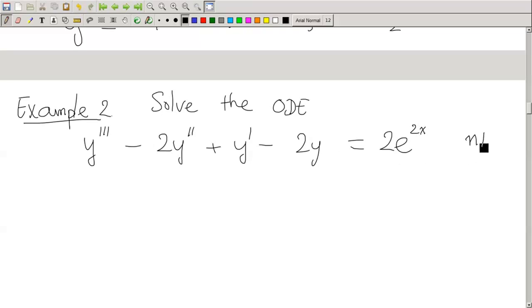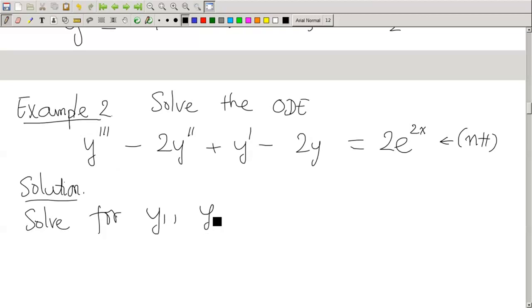This is our non-homogeneous equation. So first, we want to solve, again, we have a third order. We want to solve for y1, y2, y3 from the corresponding homogeneous equation.